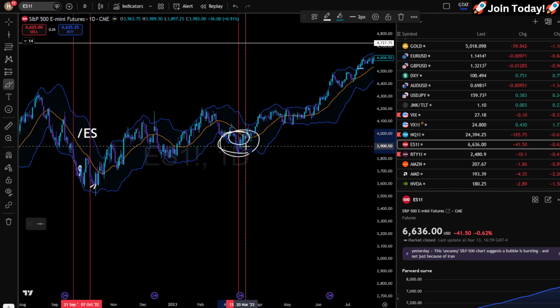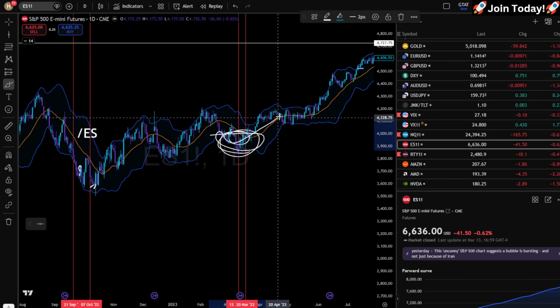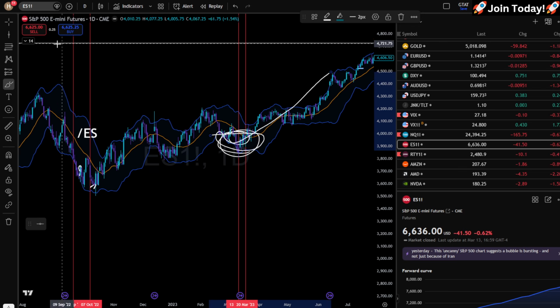Many people thought we were entering a bear market every single time this occurred. But the numbers don't lie. Warren Buffett himself said, buy when there is fear in the streets. This is fear at every single point. So we pulled back very aggressively in March of 2023, we bottomed out, and we bounced very aggressively the months thereafter.